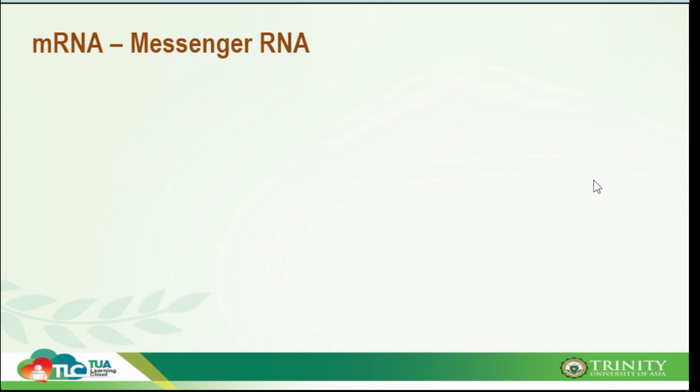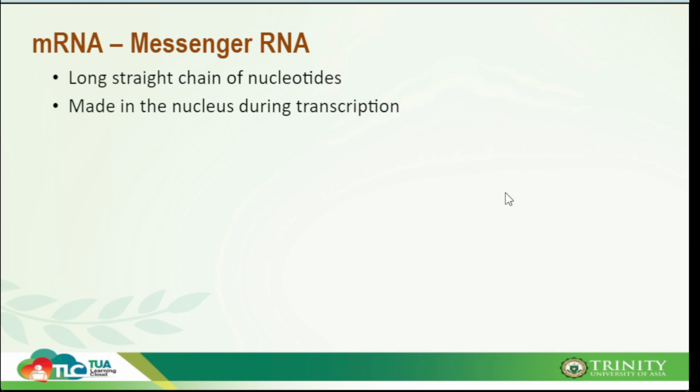So, mRNA or messenger RNA, as mentioned, it is a chain of nucleotides. Diba? Again, it is the end product of transcription. When we say transcription, a copy. So, we made a copy of a portion of the DNA, and that copy is the mRNA.